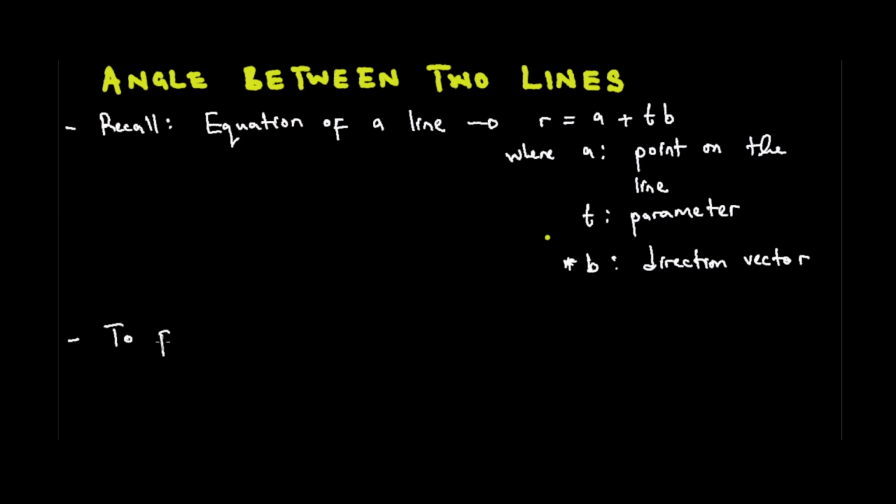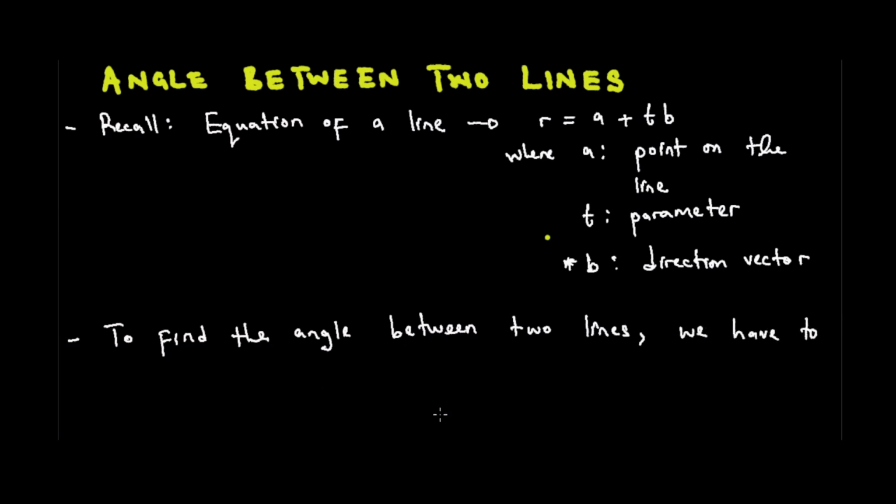So, to find the angle between two lines, what we have to do is find the angle between the direction vectors of the two lines.